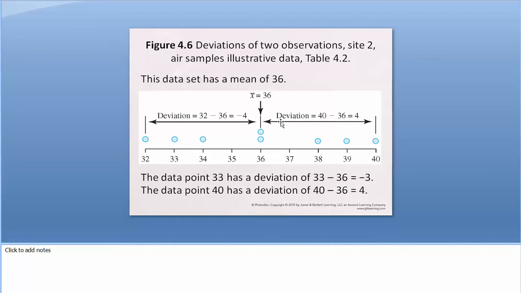So to get the deviation, you need to subtract the mean from each observation. Okay, so for example here, 40 minus 36 will give you 4 to be the deviation for x equal to 40. Likewise, 32 minus 36 is negative 4. So remember, the sign matters. See, the observations which are to the left of the mean will have negative deviations.